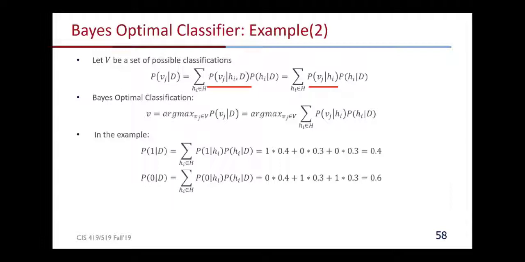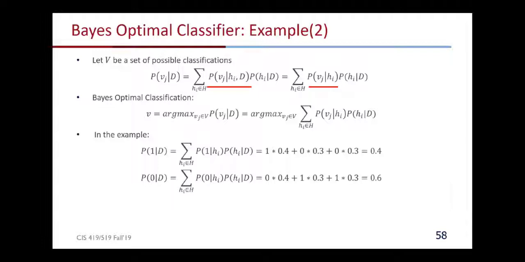So it's the probability of saying 1 given that I'm using Hi times the probability of using Hi, summed over all the Hi.